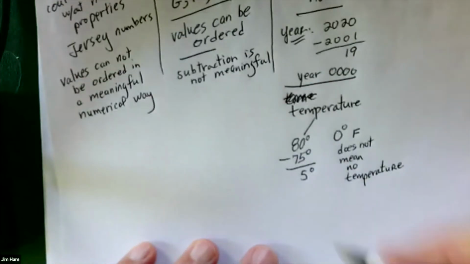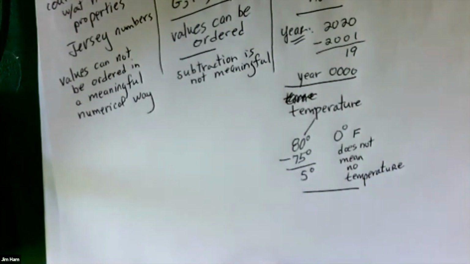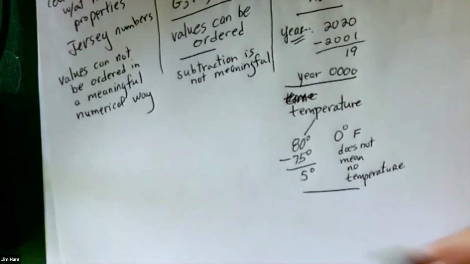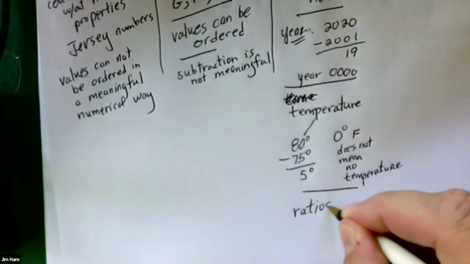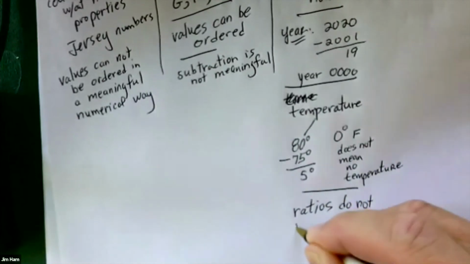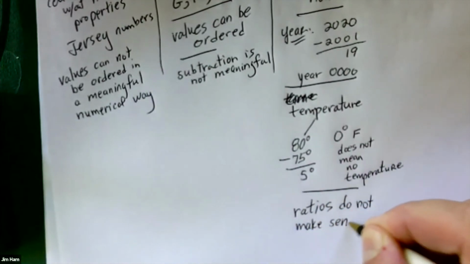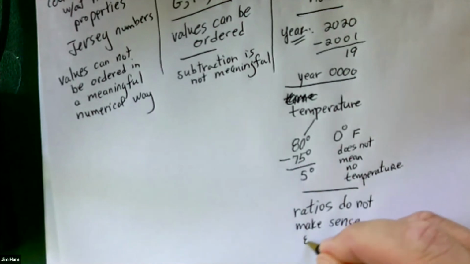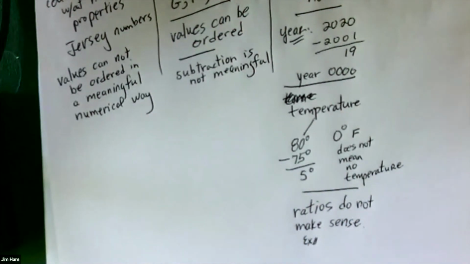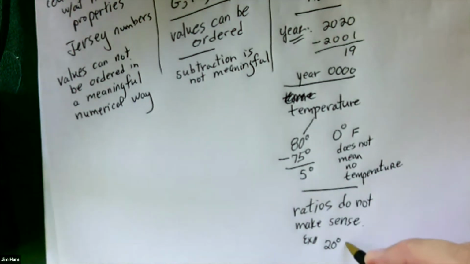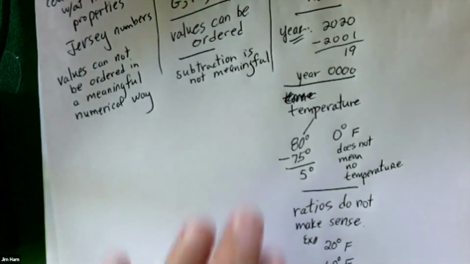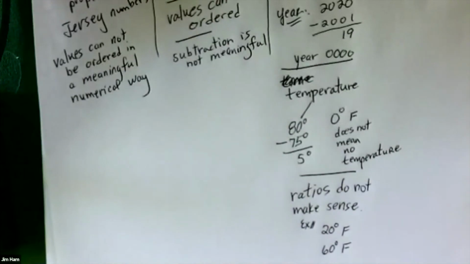All right, one last thing to state here, a property that it doesn't have, that the next category will have, is that ratios do not make sense. Here's what I mean by that. Let's look at a variable that we know is interval level, and that's degrees. So let's say that we have 2 days.